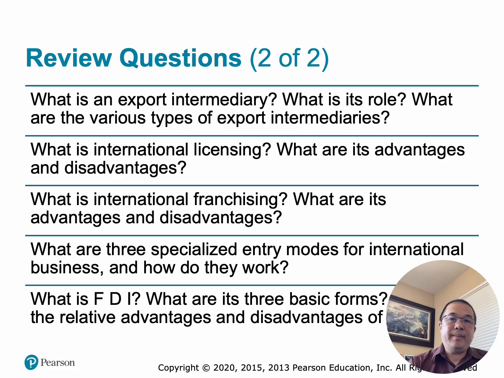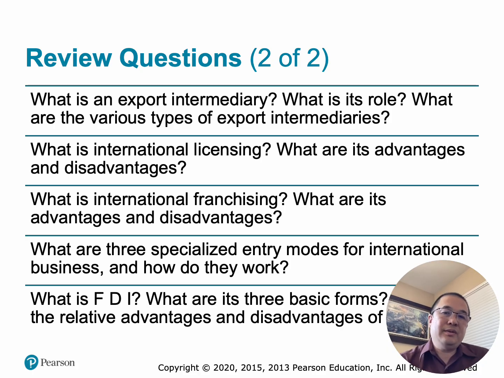International trading company. Provides market research, financing, transportation, and distribution services. Other intermediaries include manufacturers' agents, export agents, import and export brokers, and freight forwarders. The main benefit is to make exporting easier and less risky.